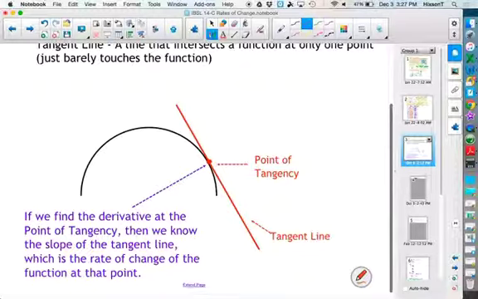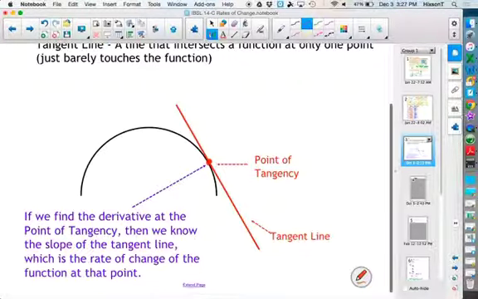Because anytime you have a curve, it's curving because the slope is changing. But if we can get the slope of the tangent line, that tells us what the slope of the curve is at that exact moment. And that's going to tell us what the rate of change of the function is.